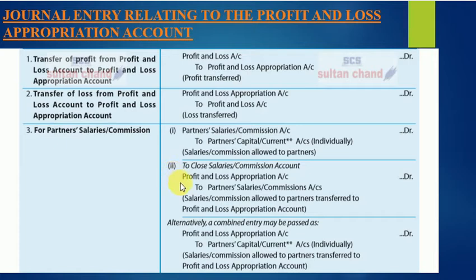We have already written it in the format. Because it goes on the debit side, if you remember, it is an expense for the firm. The entry to transfer remuneration to the profit and loss appropriation account will be: Profit and loss appropriation account debit to partners salaries if it is salary, to partners commission if it is commission.